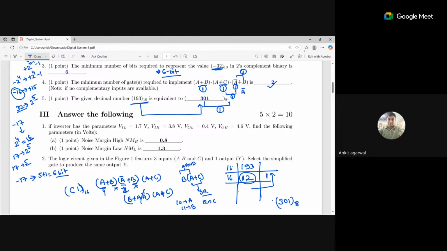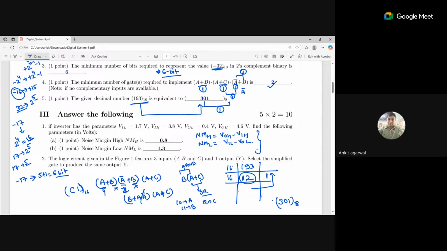Now, the next question is related to noise margin. So we know that noise margin high is VOH minus VIH, and similarly the noise margin low is VIL minus VOL.